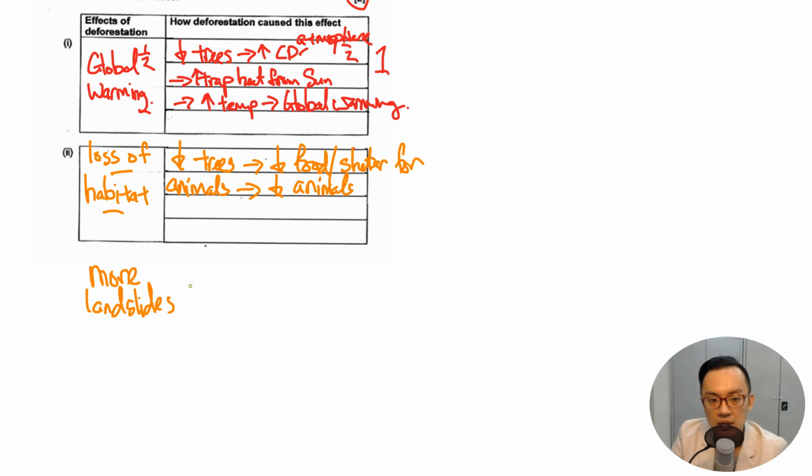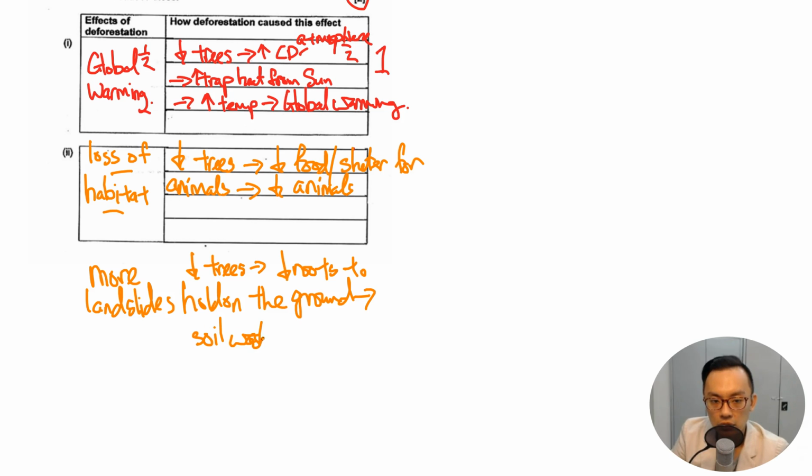A third possible one is actually more landslides. So what this means, because there are fewer trees, which means fewer roots to hold on to the ground, which means the soil can be washed away when there is rain.